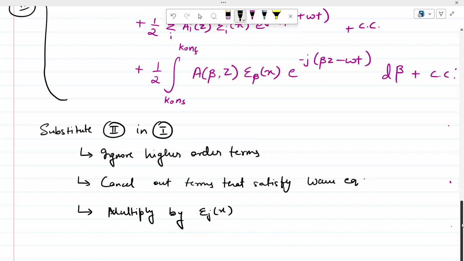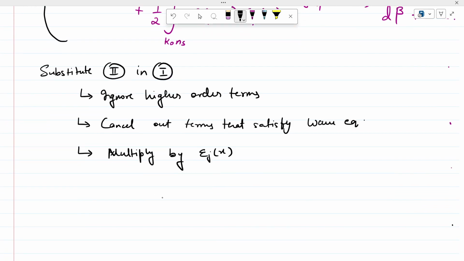What I mean by this is, for any orthonormal mode, it is true that the integral from minus infinity to plus infinity of ei of x times ej of x dx is equal to some constant times the Kronecker delta, and the constant is given by 2 omega mu over beta i.